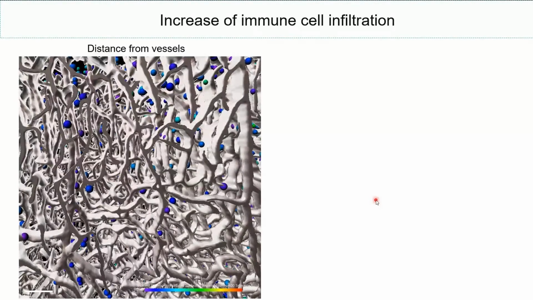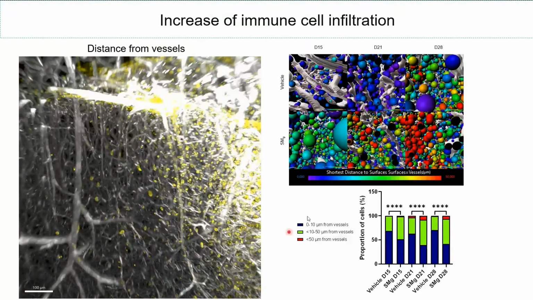And here again, we segmented and we performed a hierarchical clustering based on the distance of the immune cells related to the vessels. When the immune cells are close to the vessels, they are in blue, and when they are far, they are in red. This analysis revealed that upon the treatment, we have immune cells located at distance of the vessels. So we promote here again infiltration of the immune cells with the treatment.